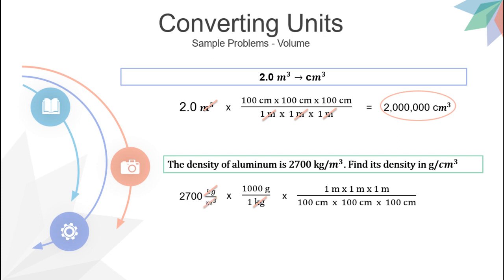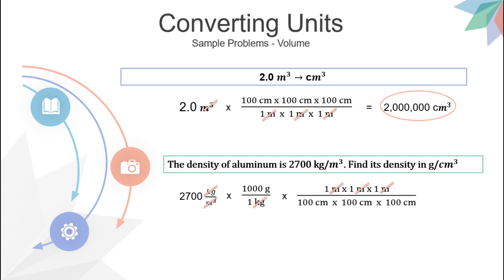And then we cancel m cube, or cubic meter, the three meters on top. So what we are going to do here is multiply 2,700 by the numerator 1,000, then 1 times 1 times 1, which is 1. Divide that by 1 times 100 times 100 times 100.